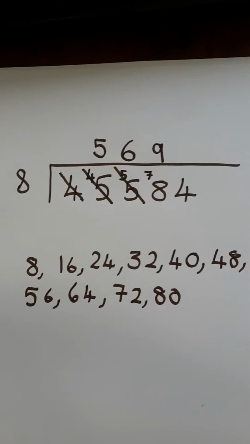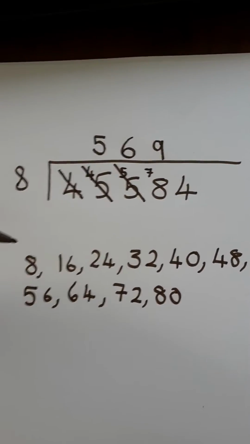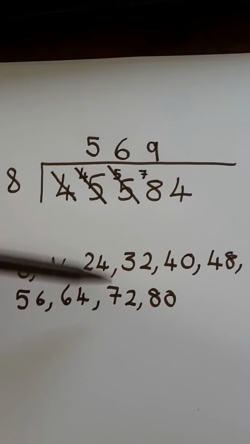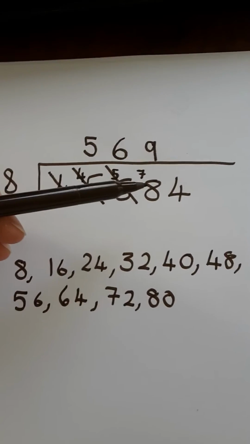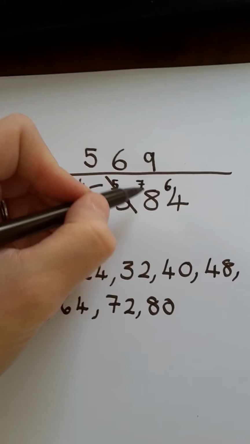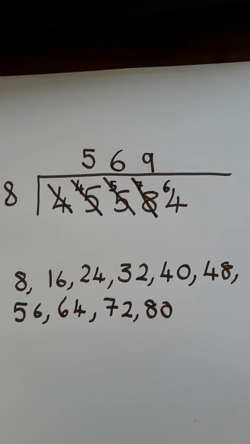Again, it doesn't fit exactly. 78 isn't in the 8 times table, so we're going to have a remainder again. So the difference between 72 and 78 is 6. So I'm going to put my remainder of 6 in front of the 4 to make 64 and cross this through to say I've dealt with it.